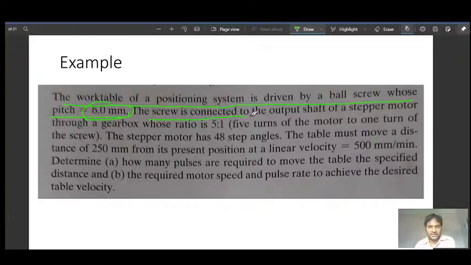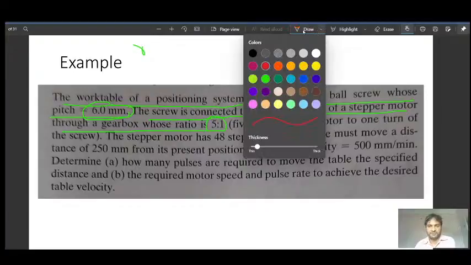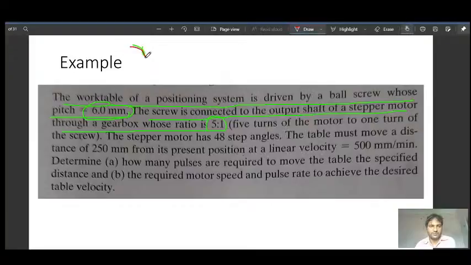The screw is connected to the output shaft of a stepper motor through a gearbox whose ratio is 5:1. So we are given the Rg value, which is 5, and the pitch value is 6 mm, and 5 turns of the rotor to 1 turn of the screw, that is the gear reduction.